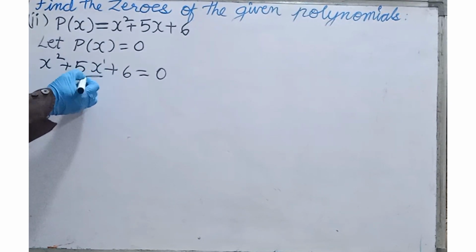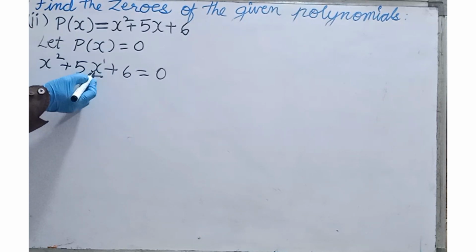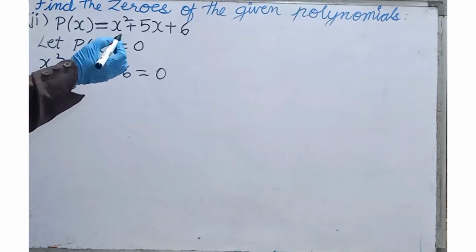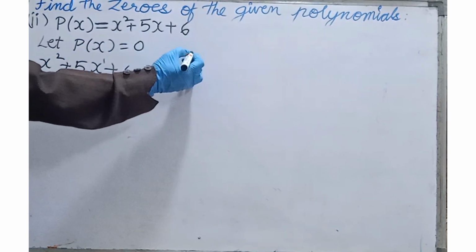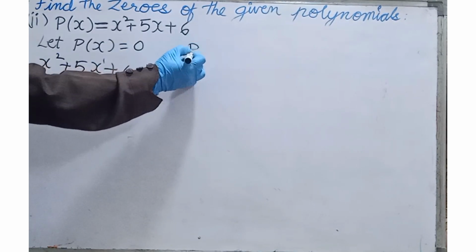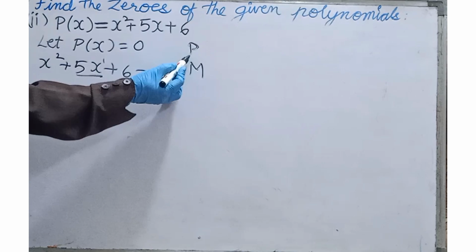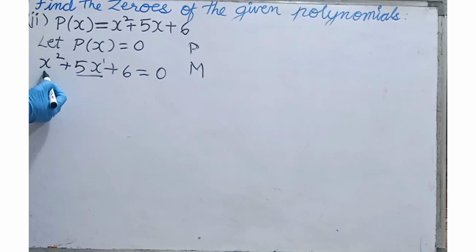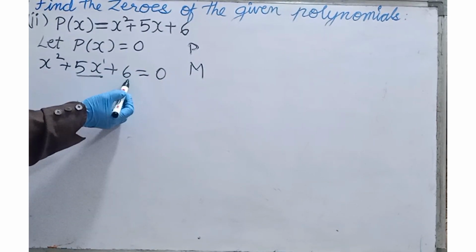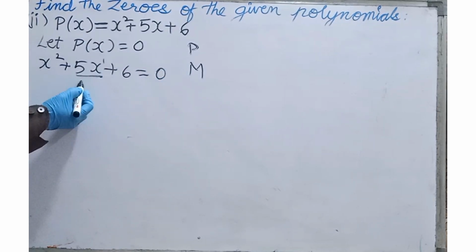So here the middle term is what? 5x. That is, we will split the x term. What is the procedure for that? For that, I'll show a simple trick. Just write in the rough column P M. That is, P is for product of square term and the constant term, and M is for the middle term.